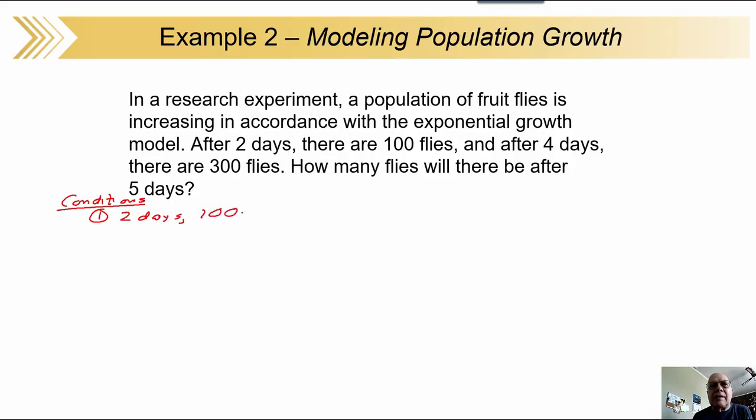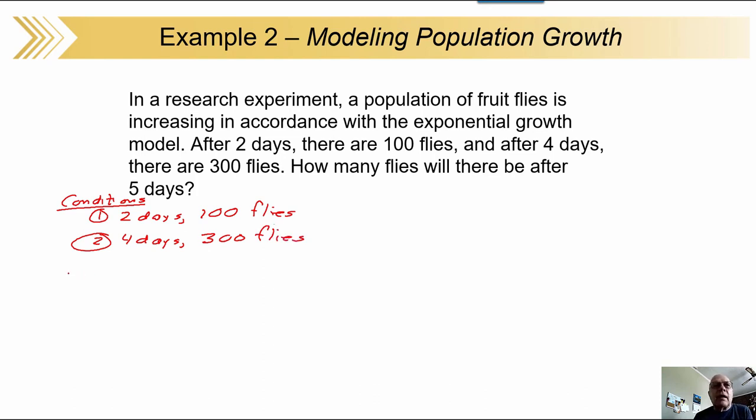After 2 days, you had 100 flies. Condition number 2, after 4 days, what do you have? You have 300 flies. I hope you're not eating while you're watching this.